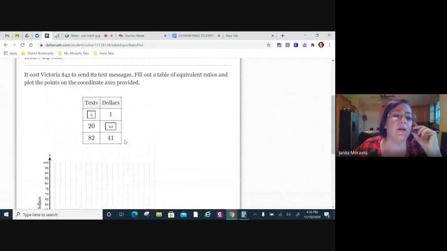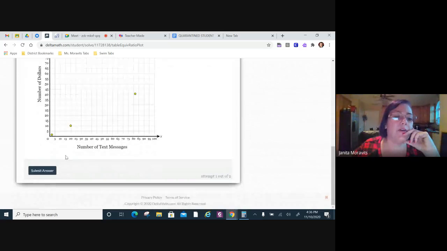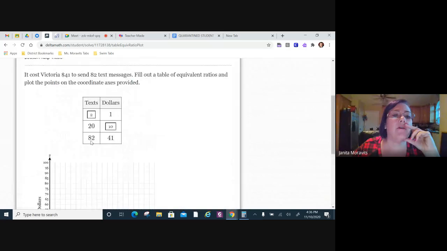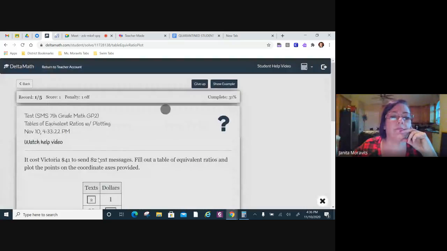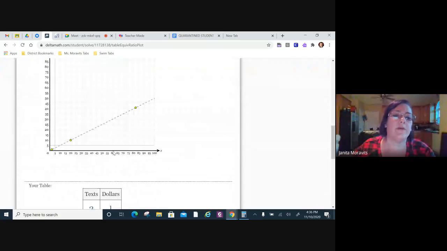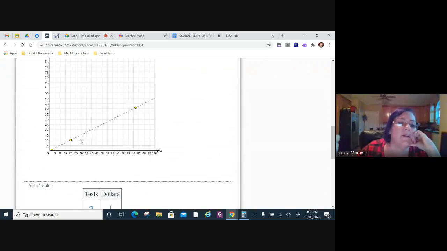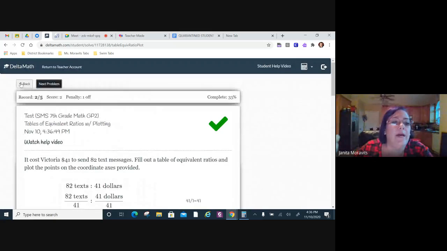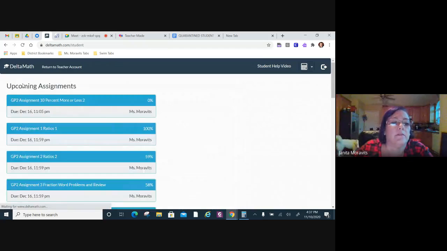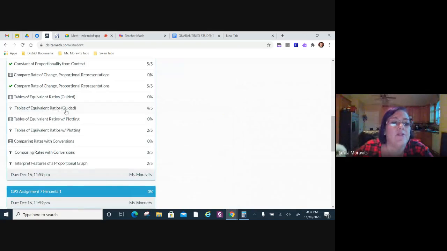Now, again, Delta Math is very forgiving. Let's hope it's very forgiving of our graph right here. And there we go. So it got it for us. And it'll kind of correct your placement if you need to. All right. We're going to go back to the next section. That's with plotting. Remember that you have to find your equivalent ratios, and then you have to plot them on there.